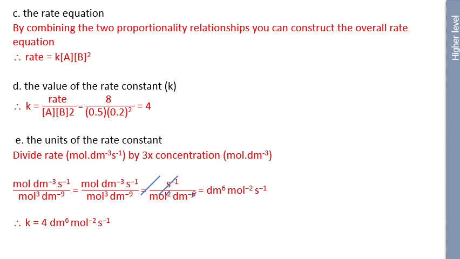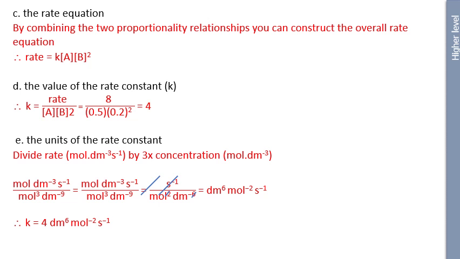So in terms of the rate equation, by combining the two proportionality relationships, you can construct the overall rate equation. The rate is going to be K times concentration of A times concentration of B squared. The value of the rate constant K will be equal to the rate divided by the concentration of A times concentration of B squared. So 8 divided by 0.5 times 1 squared... which will be 4.